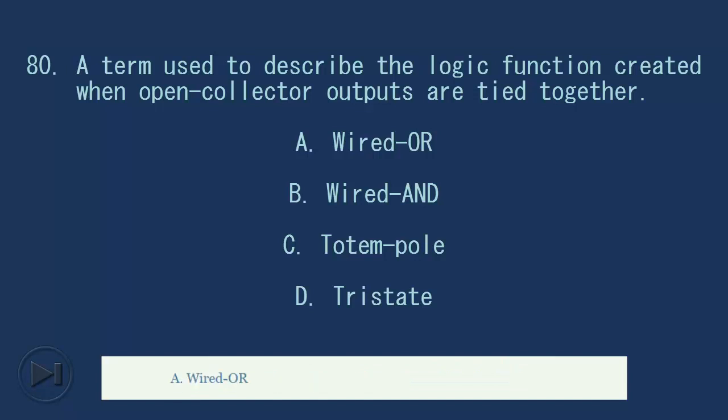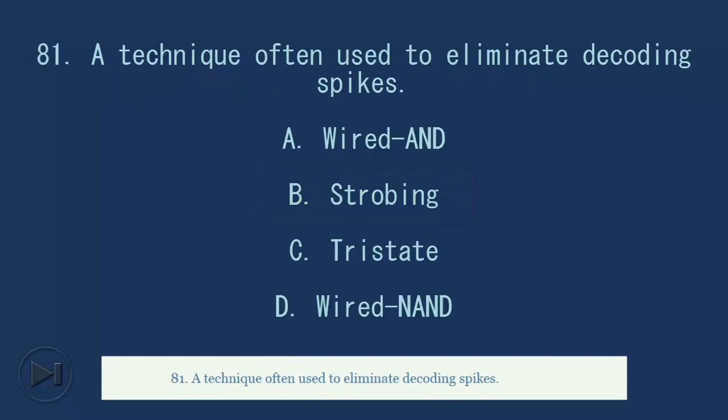A. Wired OR. B. Wired AND. C. Totem pole. D. Tri-state. Answer, B. Wired AND. 81. A technique often used to eliminate decoding spikes. A. Wired AND. B. Strobing.